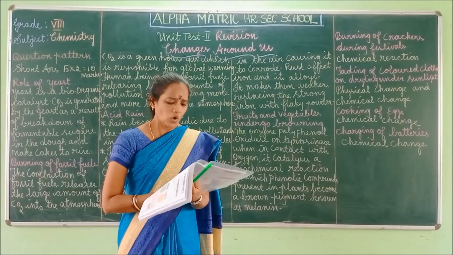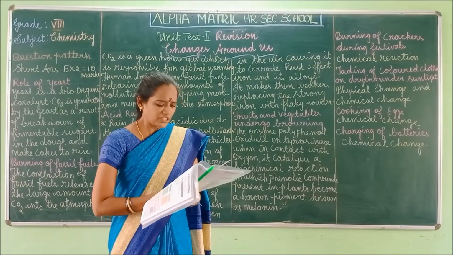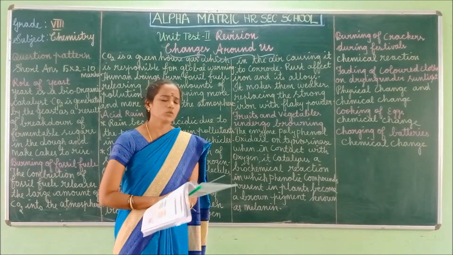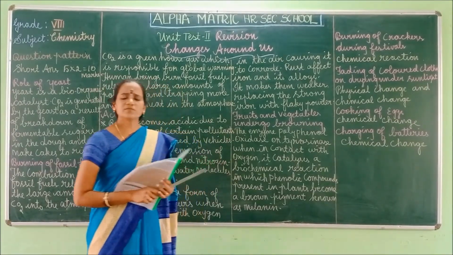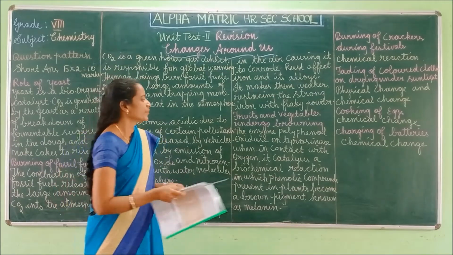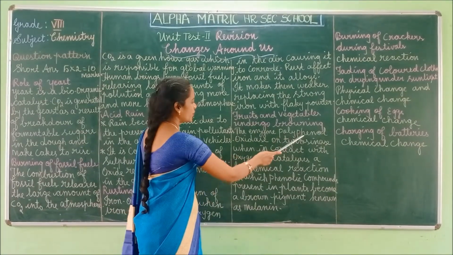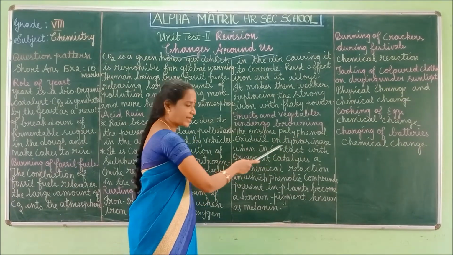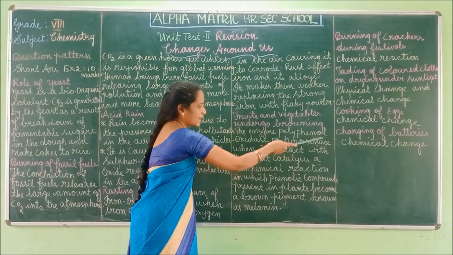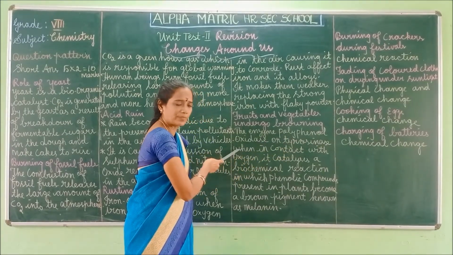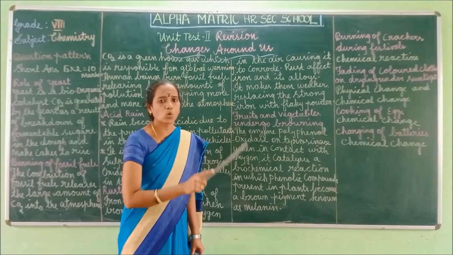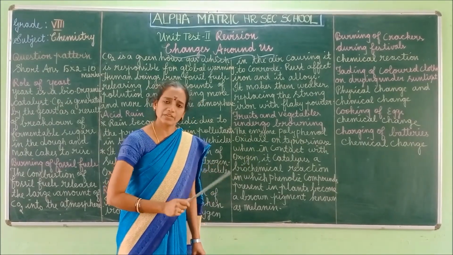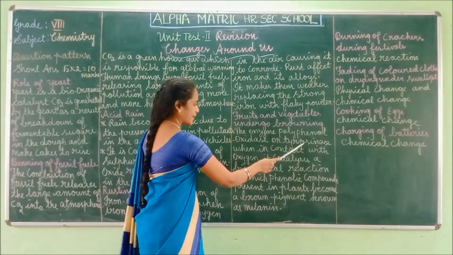Next, do all the fruits and vegetables undergo browning? No, of course not. All the fruits and vegetables will not undergo browning. That is the enzyme polyphenol oxidase or tyrosinase. You have to underline, highlight this enzyme name. Polyphenol oxidase, in the bracket you put PPO. PPO means polyphenol oxidase or tyrosinase.